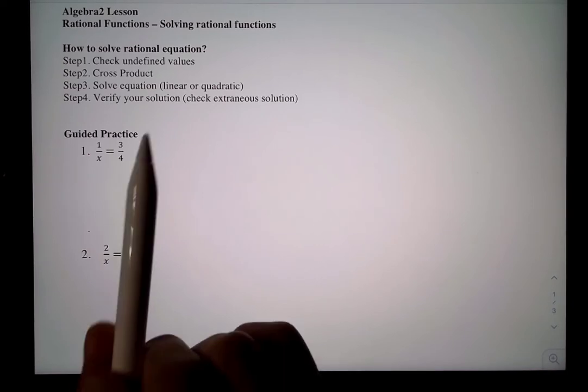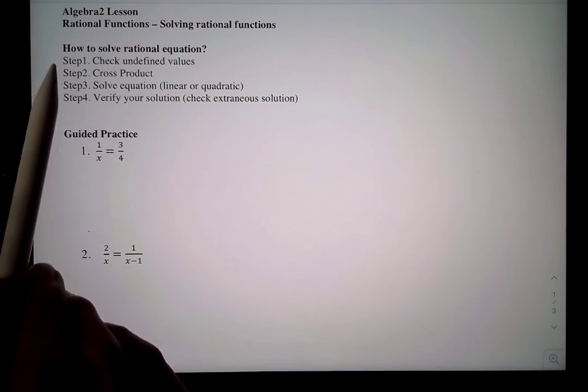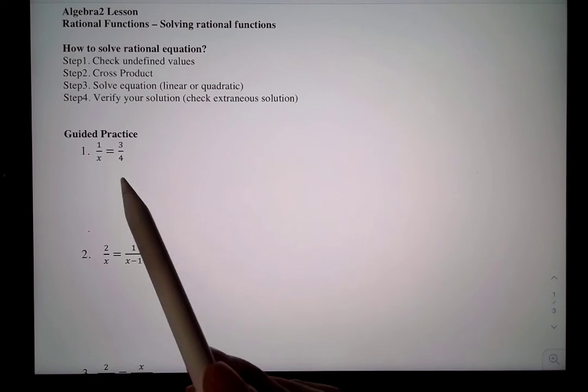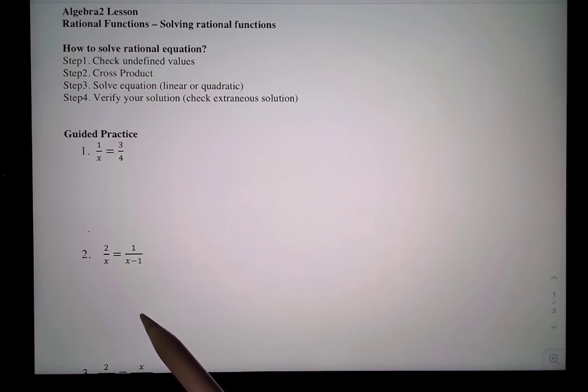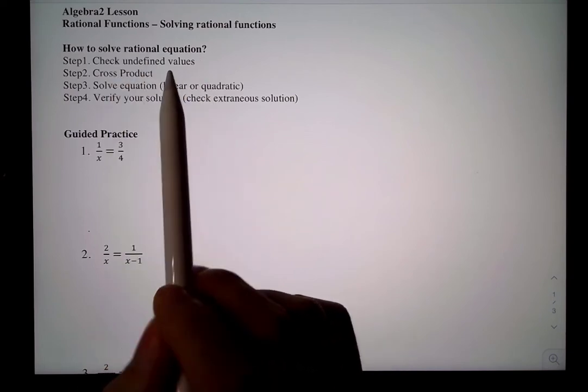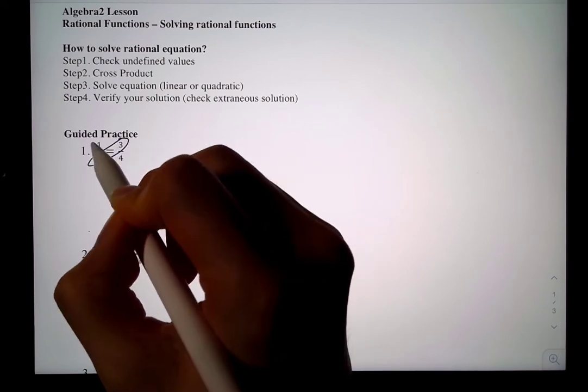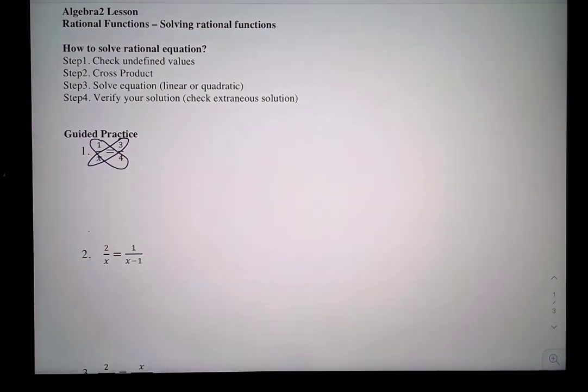So let's do it. So here are the steps. Step 1, check undefined value. So you will get two fractions like this, and you need to get the undefined value for each. Alright? And after that, do you know cross product? It's like multiplying like this and that. We will do cross product like this, and then you will solve the equation.